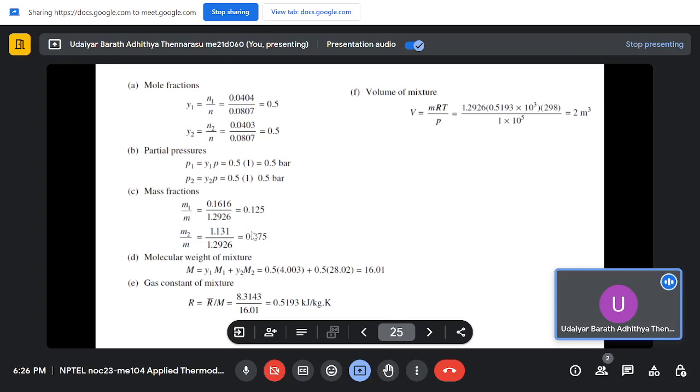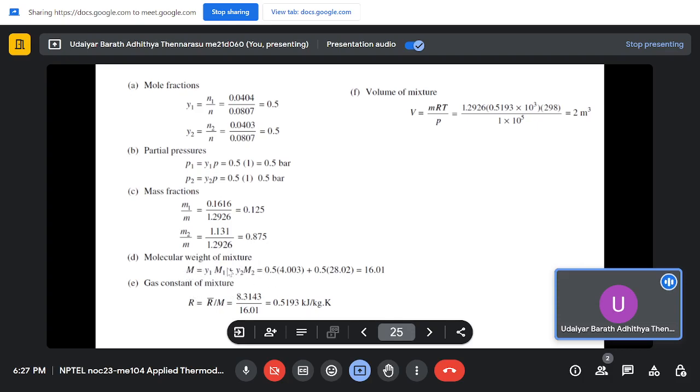That's the mass fraction. Now the molecular weight of the mixture. We can find it by summing the mole fraction times the molecular weight, or we can find it using moles times molecular weight divided by the total number of moles. So the molecular weight of the mixture will become y1 into M1, the hydrogen molecular weight into the hydrogen mole fraction, and similarly for nitrogen.